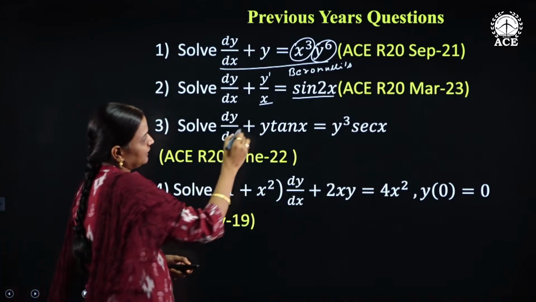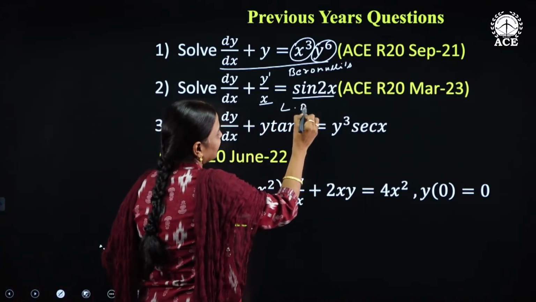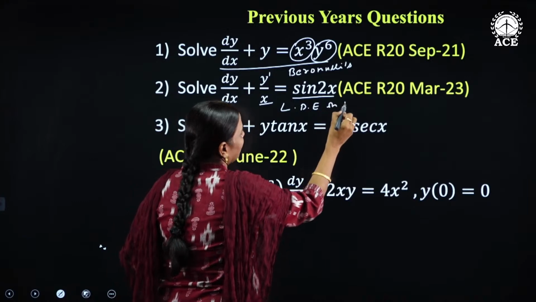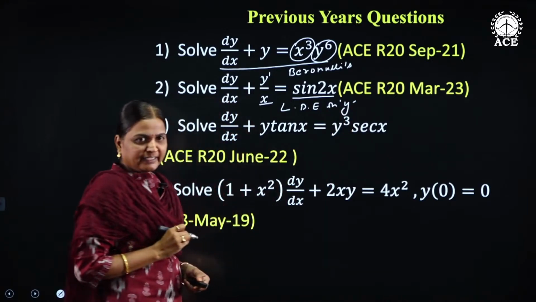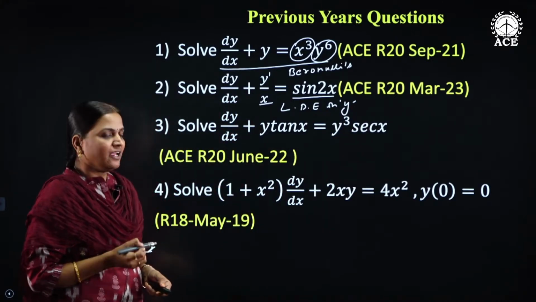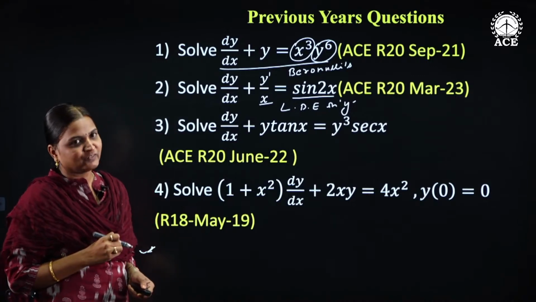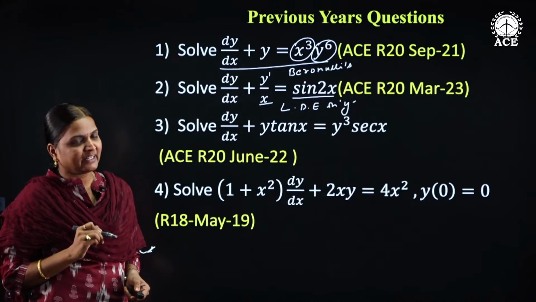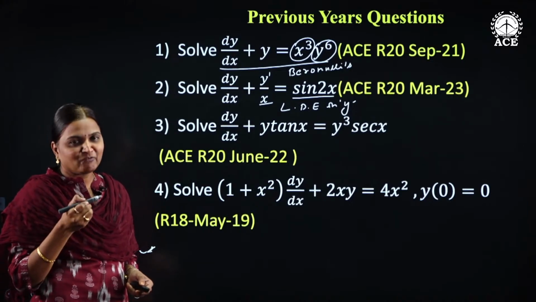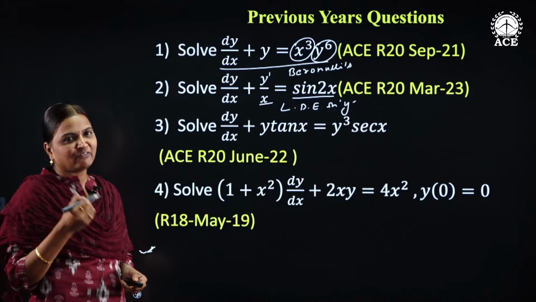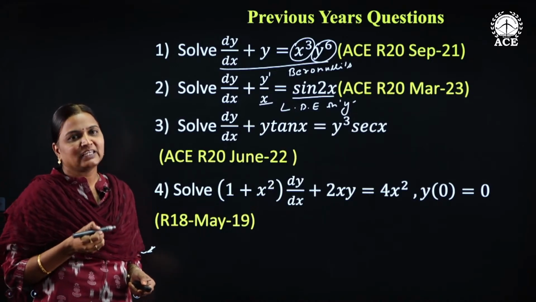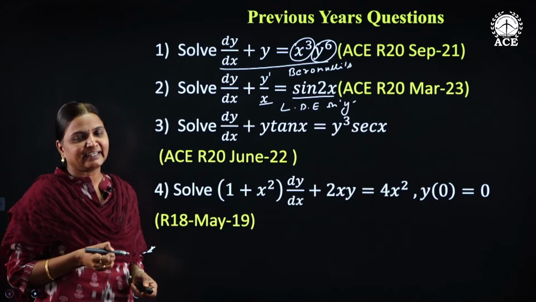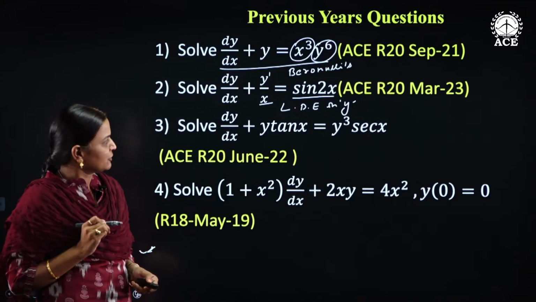So therefore this is a linear differential equation in y. After identifying the nature of the differential equation, write its standard form. That is very, very important. When we know the standard form of a given differential equation, then it is very easy to find its integrating factor and write the general solution.